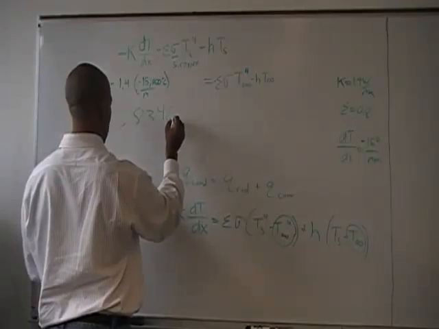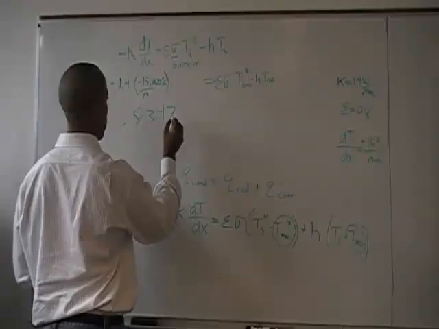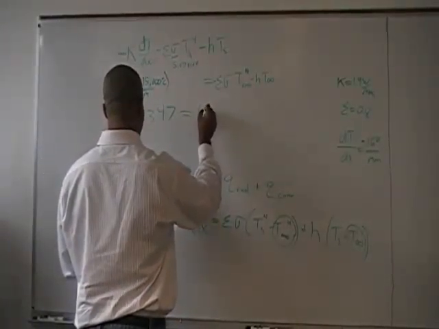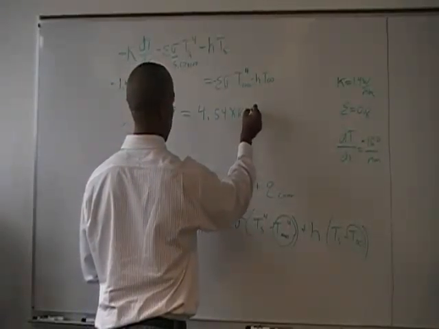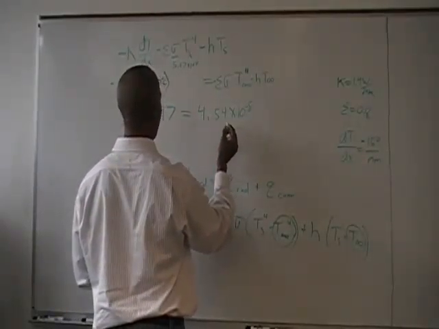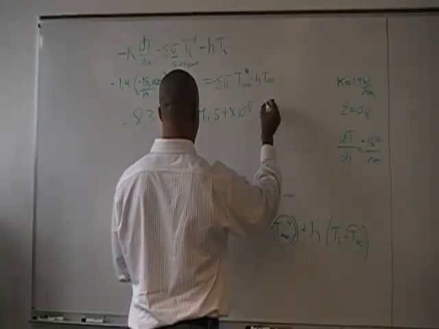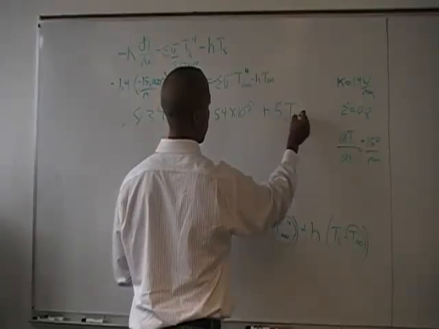Plug everything in. You're going to end up with 8,347 equals 4.54 times 10 to the minus 8. So that's Stefan-Boltzmann's constant times our emissivity. And that's plus 5 times T infinity.